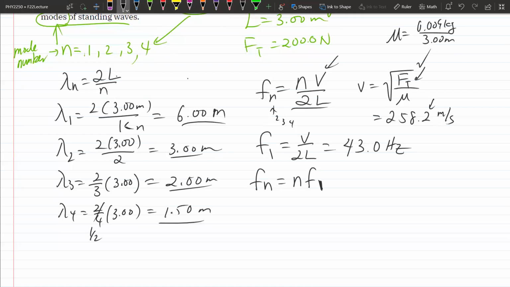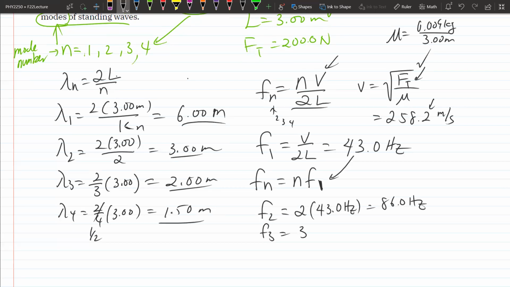Remember when I did the oscillation simulation, I took 0.4, then 0.8, 1.2, 1.6, 2.0? These are all just multiples of the fundamental frequency on that string. So if I want f sub 2, I just take 2 times 43 hertz, and I get 86 hertz.